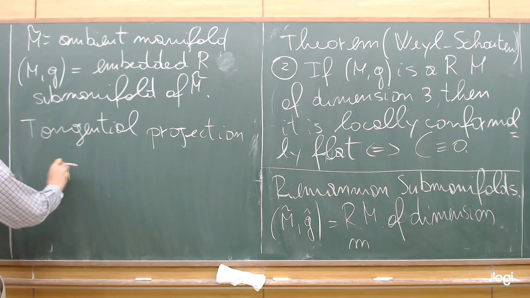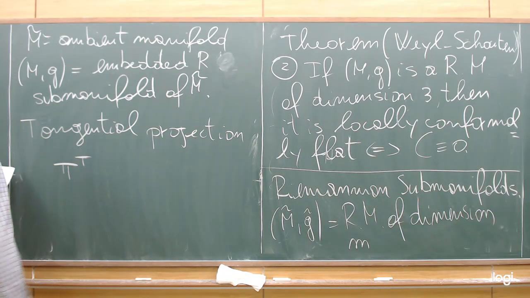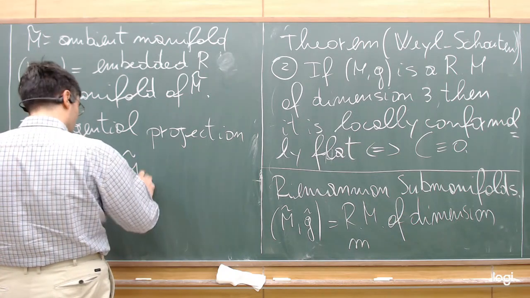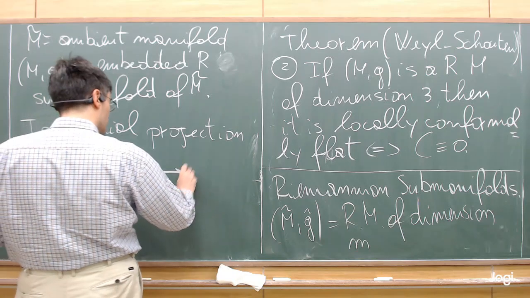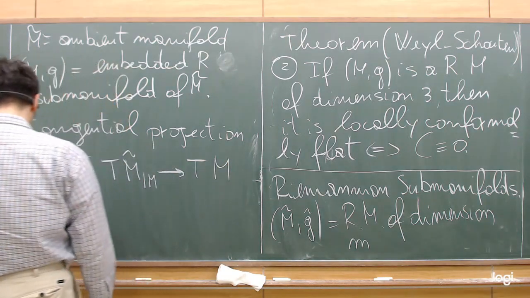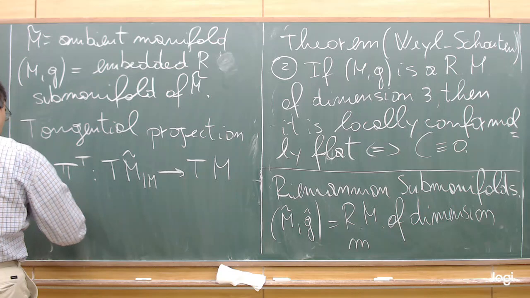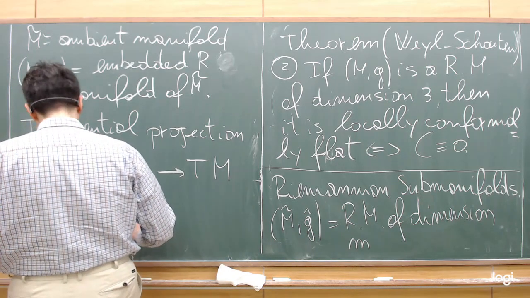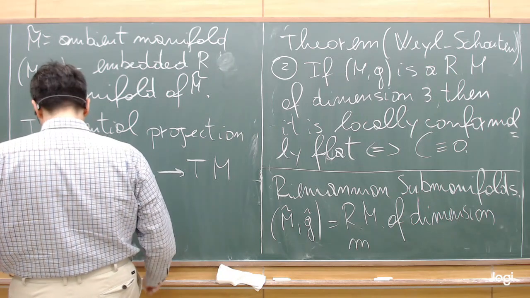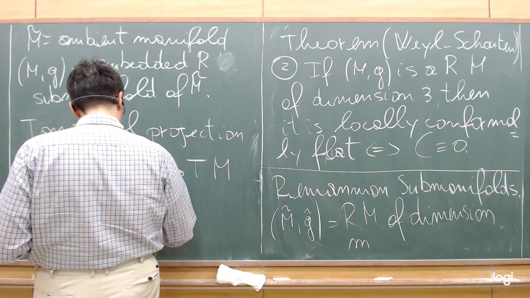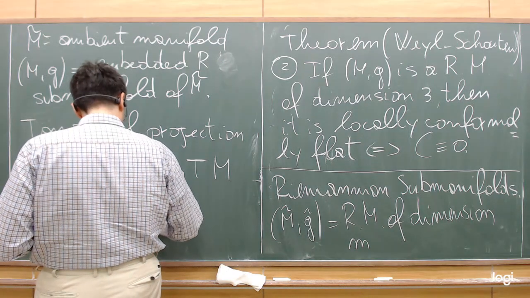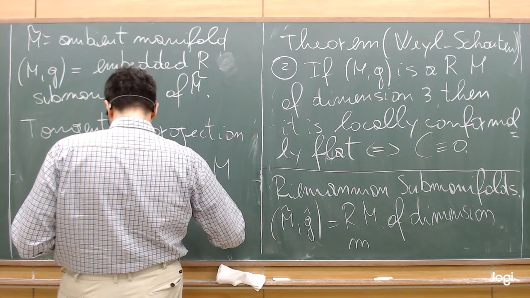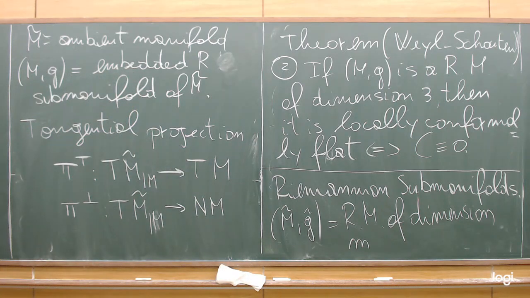So pi tangential is a projection from TM tilde restricted to M onto TM, and pi orthogonal is the projection from TM tilde restricted to M onto the normal bundle.